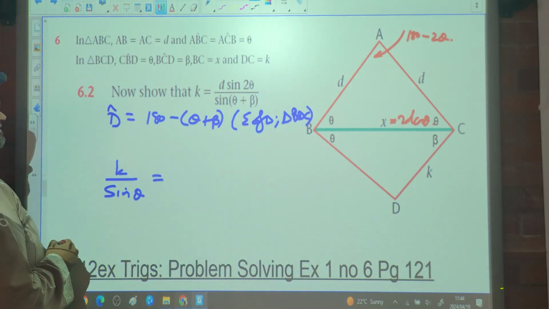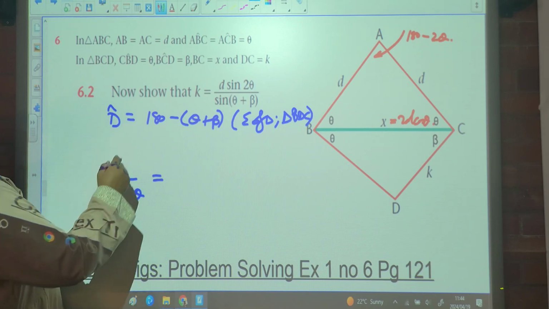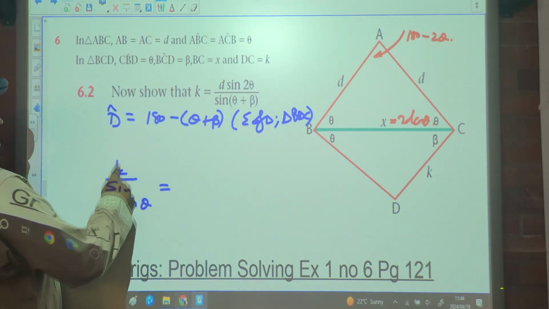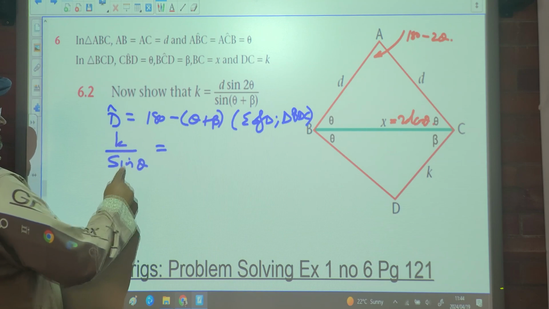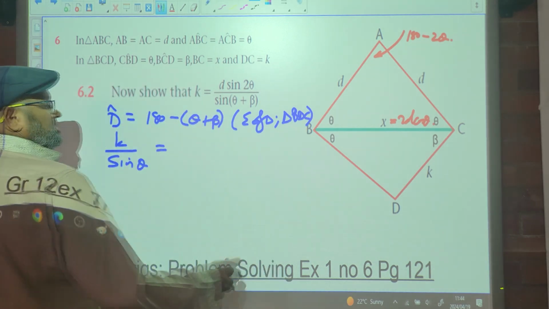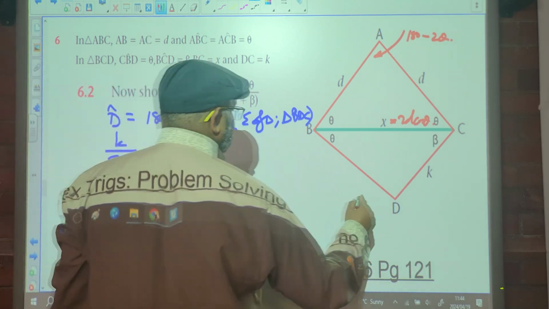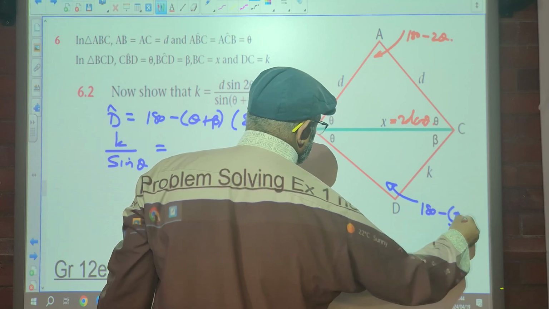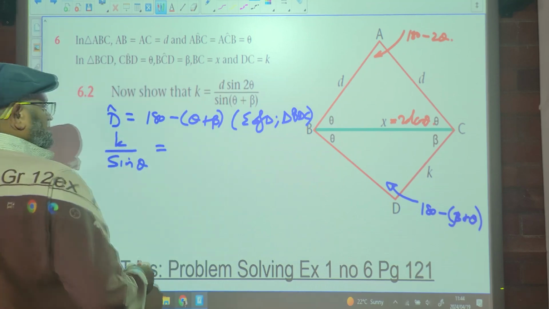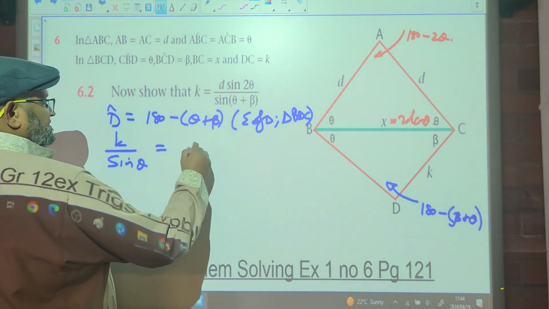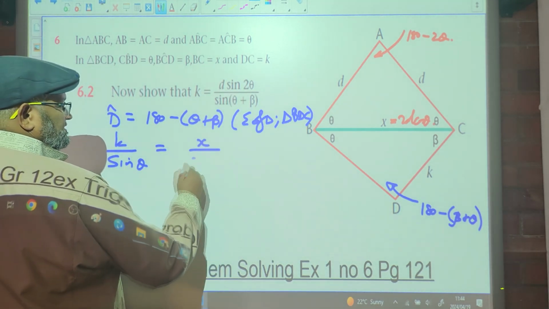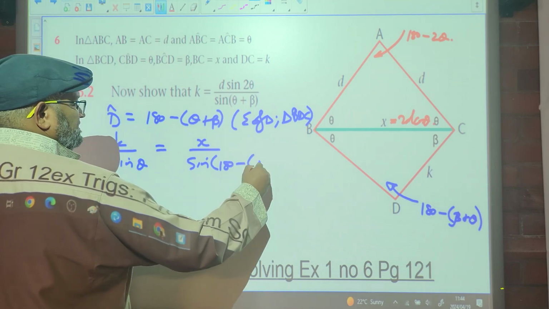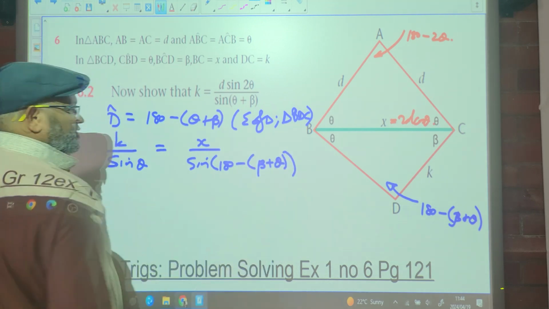So what do I say? K over sine theta is equal to x over sine 180 minus beta plus theta, or theta plus beta.